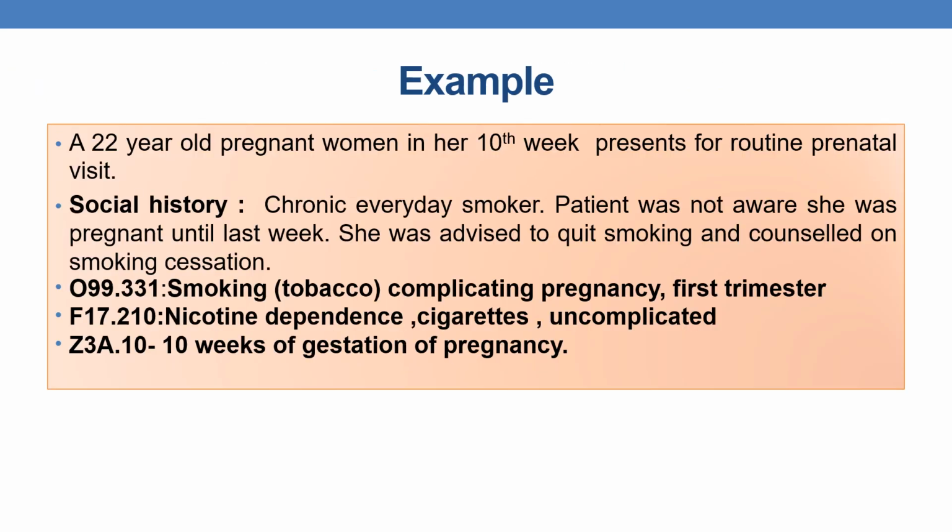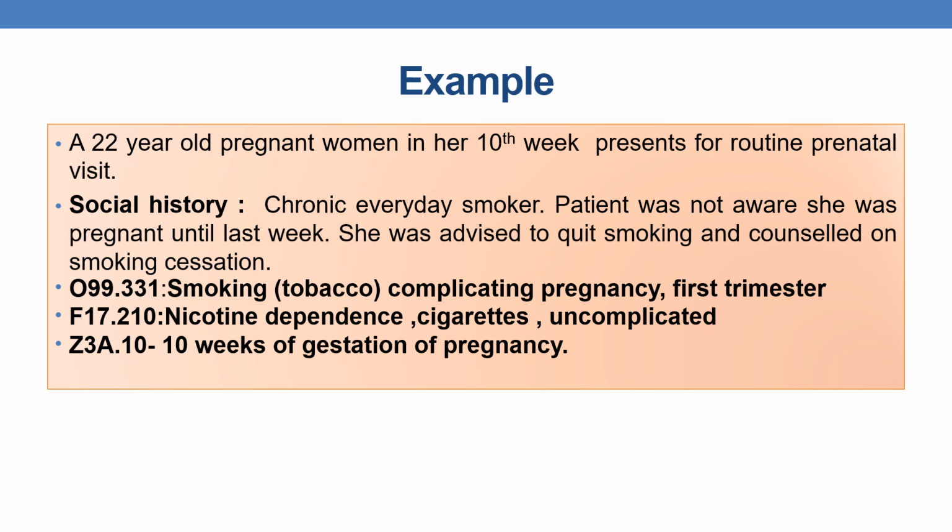Now let us see an example. A 22-year-old pregnant woman in her 10th week presents for a routine prenatal visit, whereas the social history of the patient indicates chronic everyday smoker. And the patient was not aware she was pregnant until the last week. She was advised by the physician to quit smoking and counseled on smoking cessation.